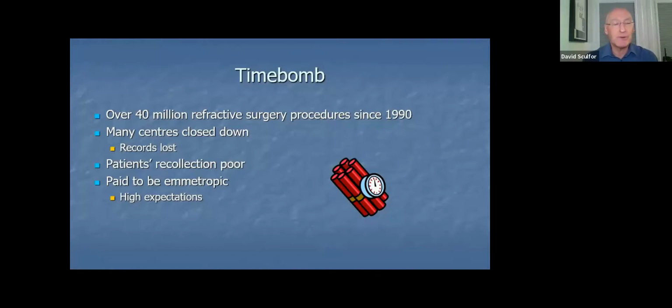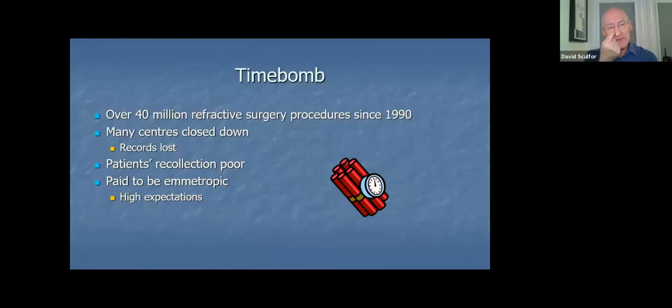Some of them just can't remember at all. And you then have to do corneal topography, try and get an idea from the cornea. You can measure axial length and see whether they're likely to have been myopic or not, but it's all a little bit of guesswork. Occasionally patients will turn up with 100 pages of their records, when in fact all the detail I want is just on page number 37, and I've got to wade through the whole lot to try and find the data I want.